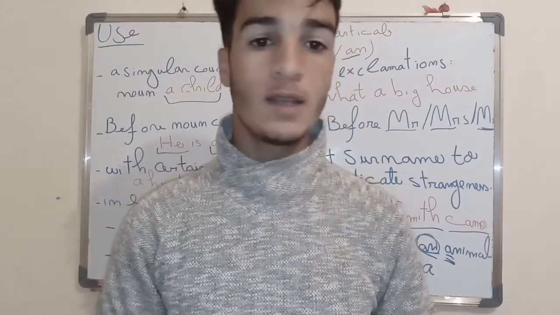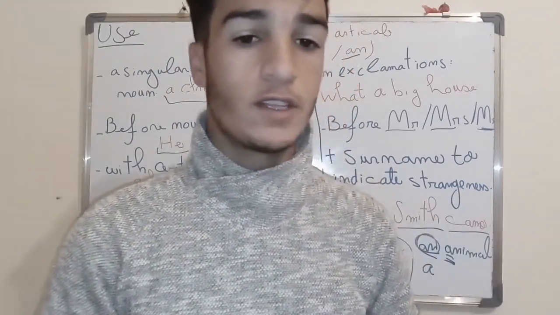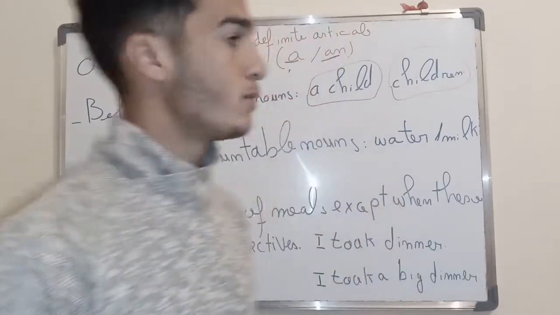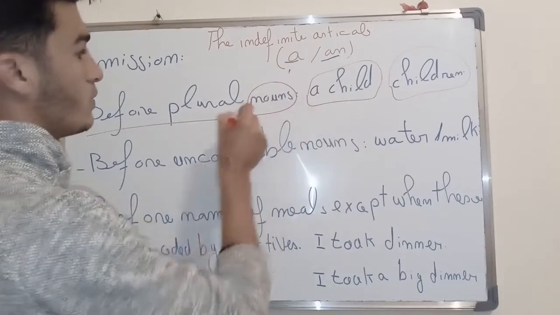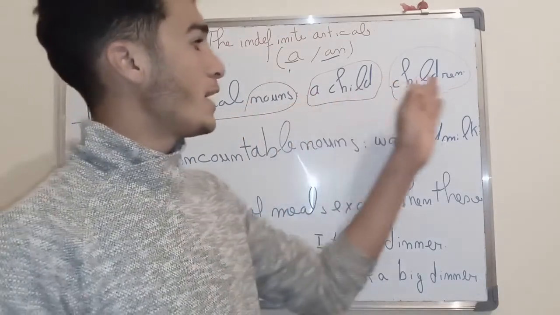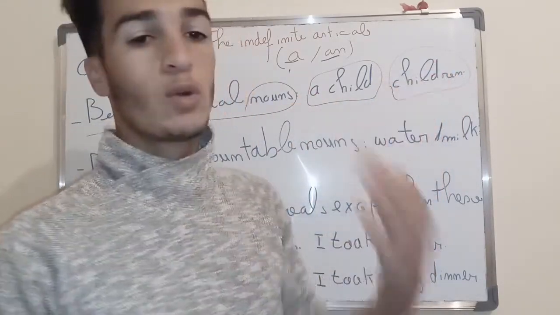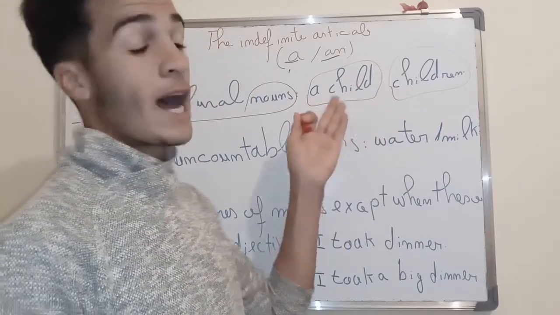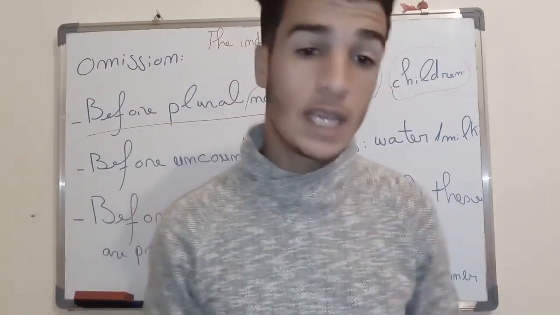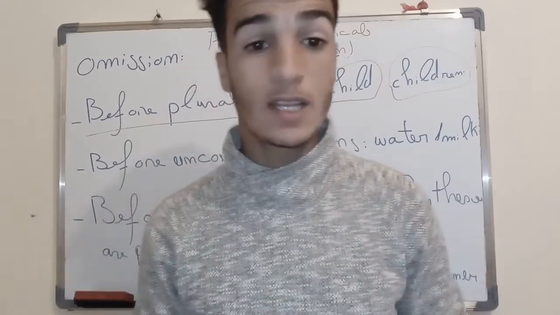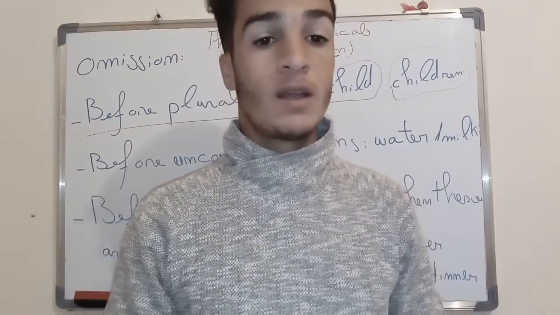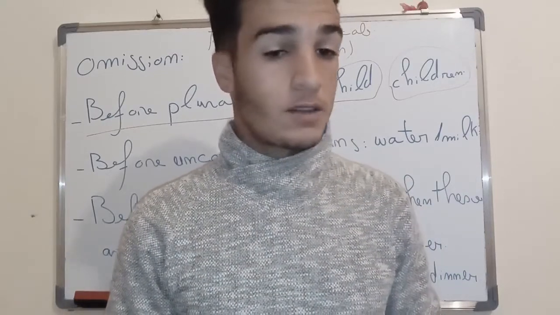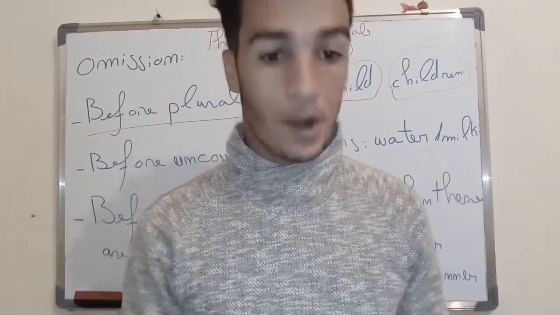Now we're gonna see when to omit the indefinite article. So the first case is when we have a plural noun. For example, a child and children. Children is the plural noun of the noun child. In this case, we don't use the indefinite article because the indefinite article indicates that the noun before which it comes is just one.